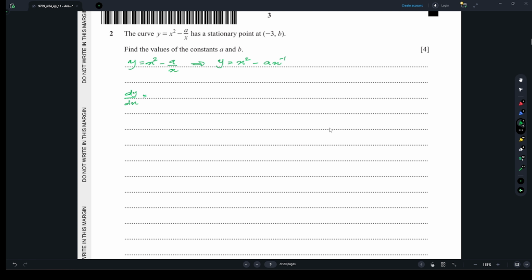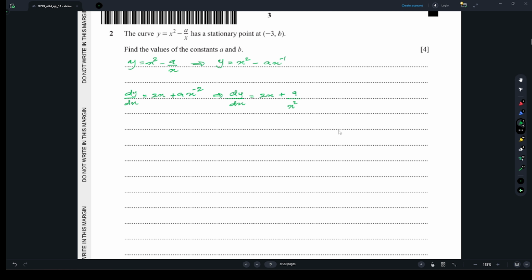So you have x squared, which gives 2x, right? And then here you have a is a constant. So minus 1 times minus a is plus a x to the power minus 2. Or I can just again modify a bit. So dy over dx is 2x plus a over x squared.